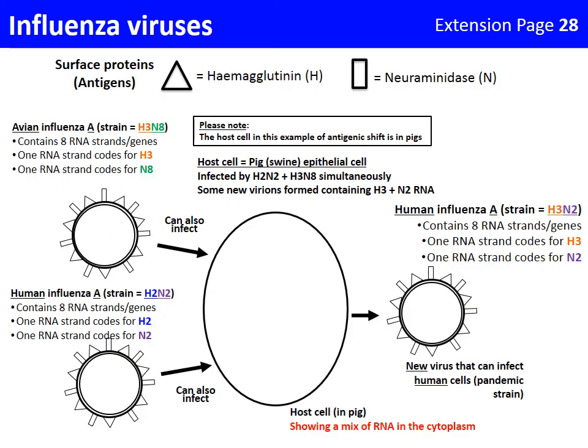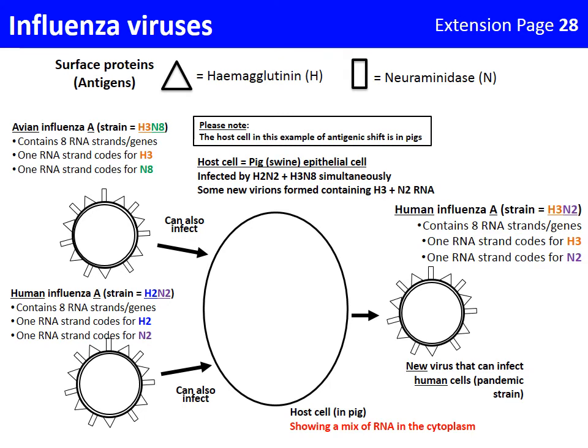The second mechanism of how new antigenic types of virus can emerge quite suddenly is called antigenic shift. Now, as the name suggests, this is quite a sudden shift or sudden production of a new strain of influenza virus. And it is more rare than antigenic drift, so the emergence of new strains of virus through mutation alone.